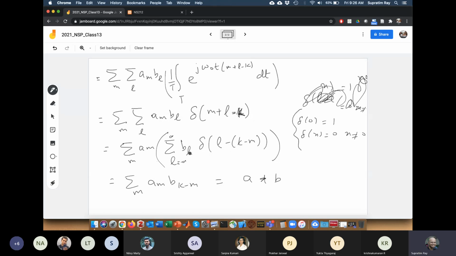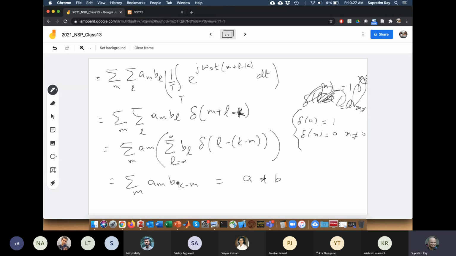So I'm summing over, it's like b_1 delta(1 minus k minus m) plus b_2 delta(2 minus k minus m) and so on. But the sum has all zero terms because the delta function is zero everywhere, except when l happens to be k minus m, because then this thing inside is zero.